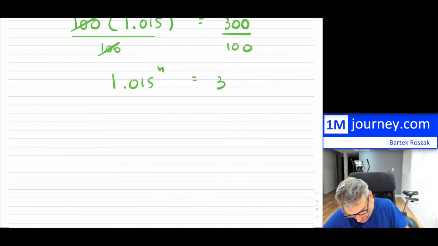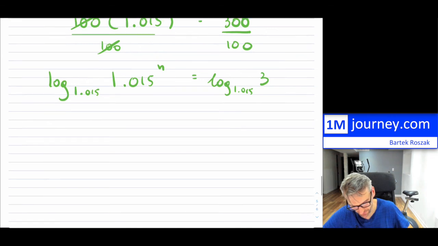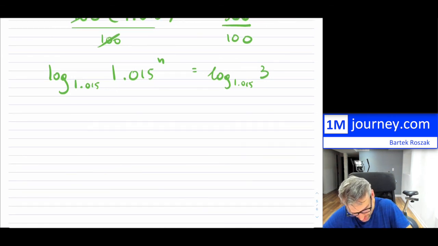I'm just going to show you here. For both sides, I'm going to take the log of both sides with the same base. So log of 1.015, I'm just showing an extra step. This will drop down to the front, so it's going to be n, and all of this is equal to 1 by our properties.